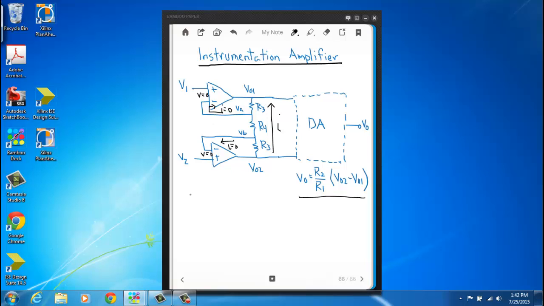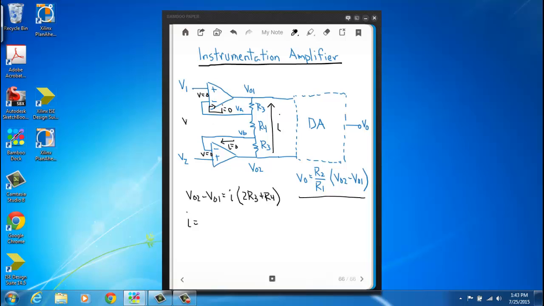So VO2 minus VO1 would just equal that current I times the total resistance in the path, which has 3 resistors in series, so it would just be 2R3 plus R4. Okay, and now we can write I in terms of V1 and V2, because see here this node that I labeled VA, that's going to be the same voltage as V1.